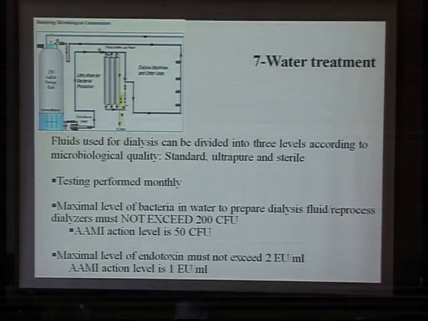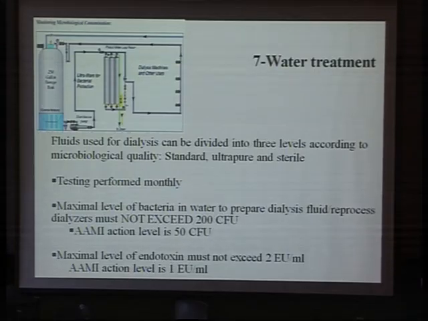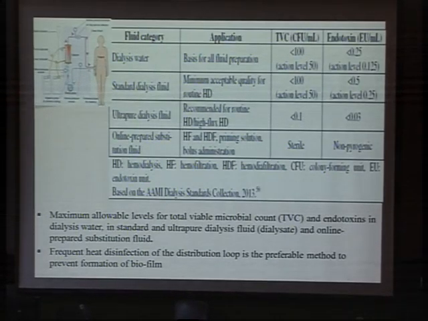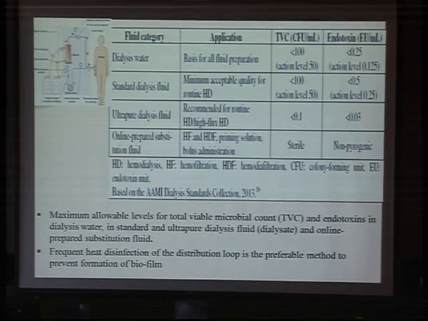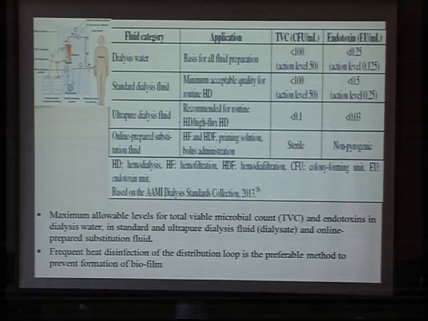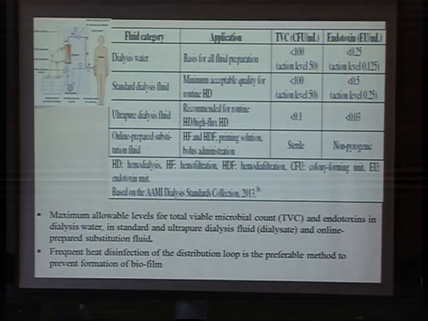This is the CDC publication, and the action level says 50 coliform units. We have different categories of water, and each has different measurements. Dr. Sami said 100. This differs according to the stage of the water: dialysis water, standard, ultra pure, or online.